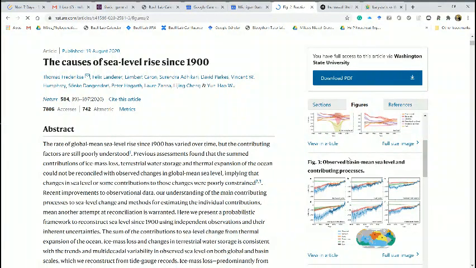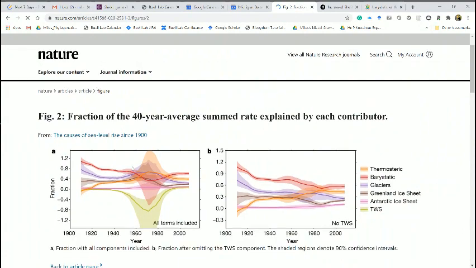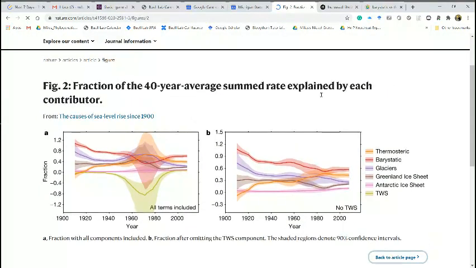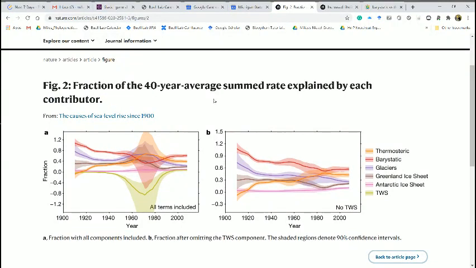Figure 2, more awesome line graphs. Okay. Of the 4-year average summer rate explained by each contributor. So, I guess in other words, fraction of sea level rise that's explained by each of these sea level rise causes.